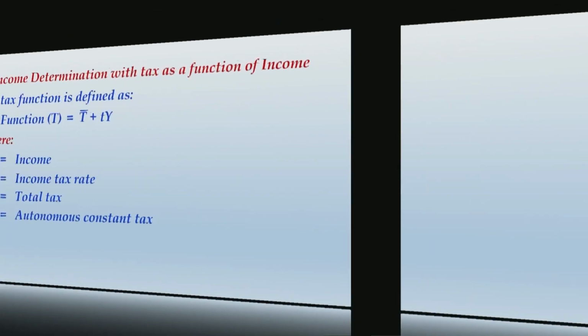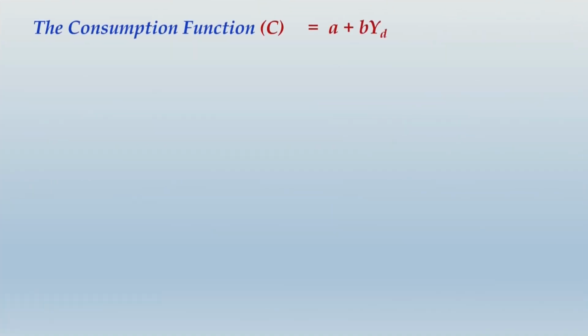Let us move ahead and write up further. That will be the derivation of an important formula. So we know that the consumption function will be C equals A plus B into YD. YD over here indicates the disposable income, and under this model the value of YD will be capital Y, that represents income, minus T bar, the autonomous constant tax, minus t into Y, where this part of the tax is a certain percentage of income which will be payable as tax.